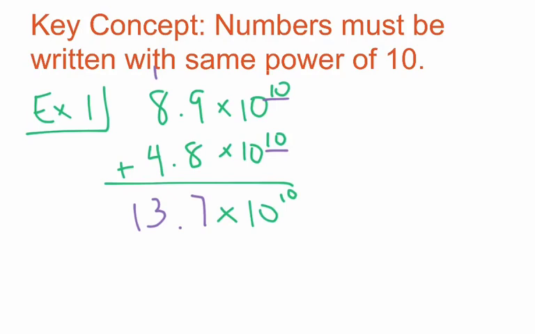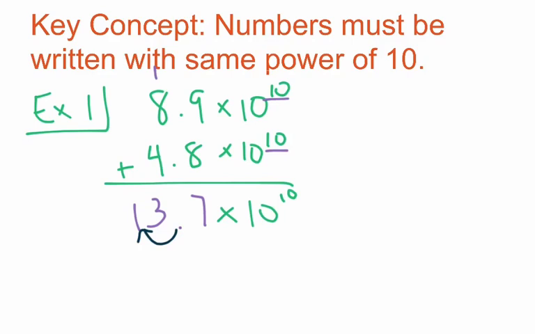Now here's the issue I'm dealing with though. This answer is not written in correct scientific notation. We need to alter our answer so that it is written in correct scientific notation. Remember that we need a single digit number in front of the decimal. So I'm going to move my decimal to in between the 1 and the 3.